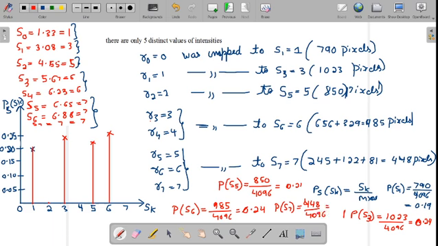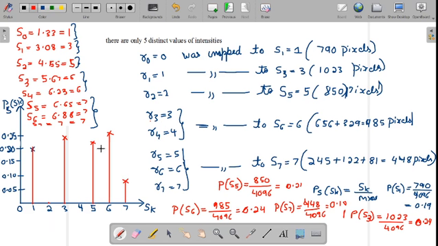What is the value? It is about 0.11, so 7 is 0.10.